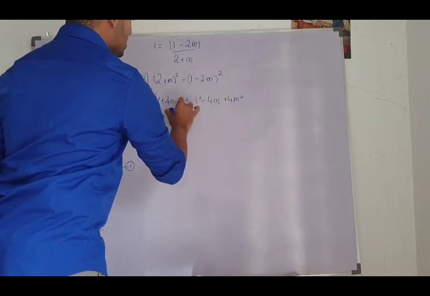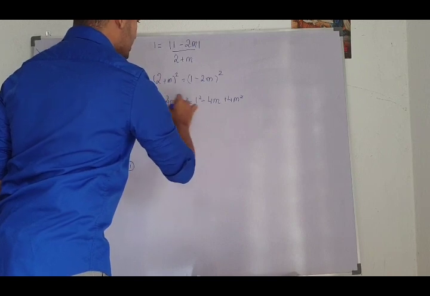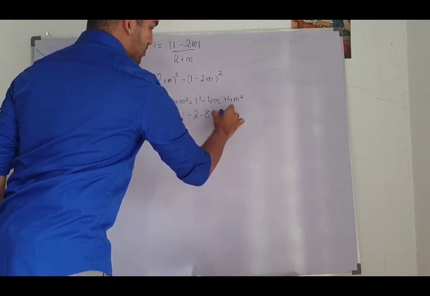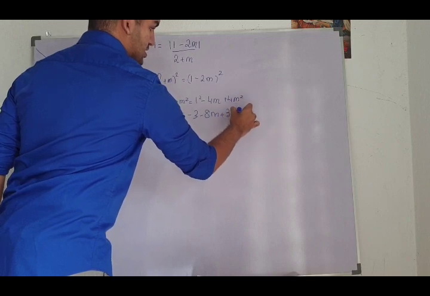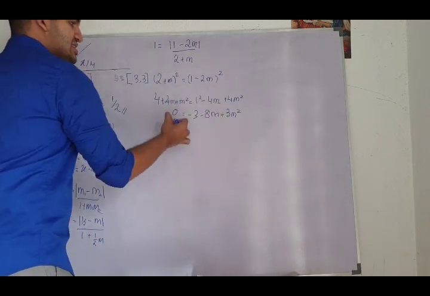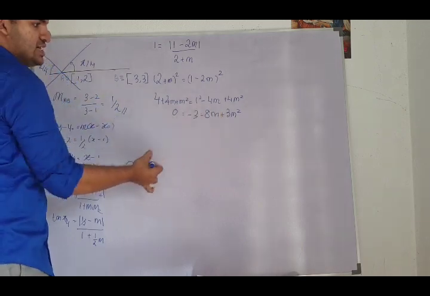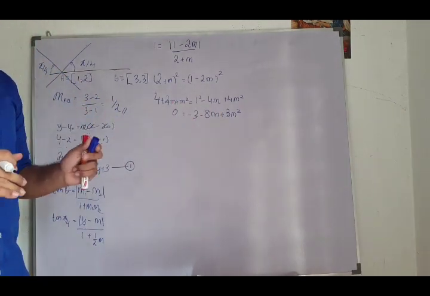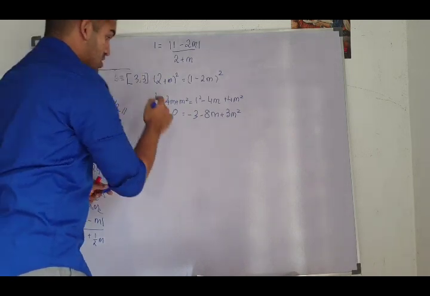So this is going to be equal to 0, and here we get minus 3, plus 8m, and minus 3m squared. The next thing we have to do is find the factors and put them in brackets, so we factorize them.